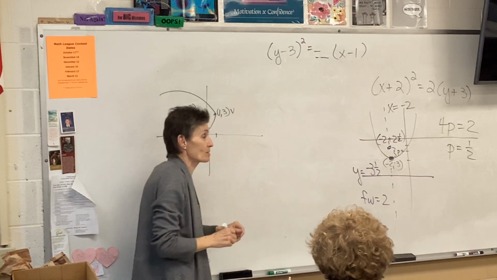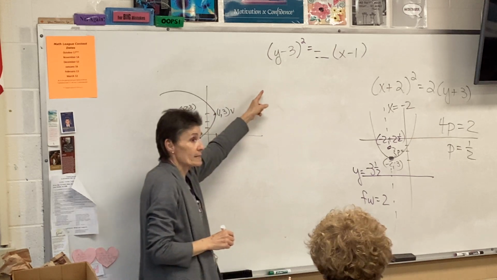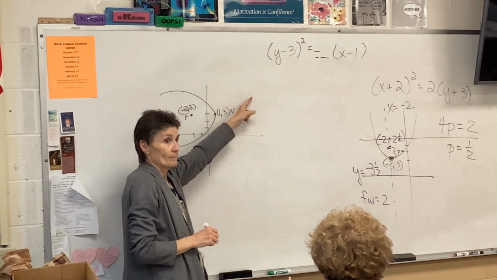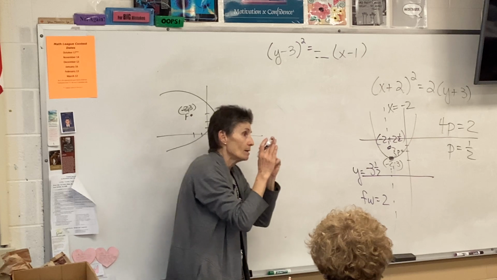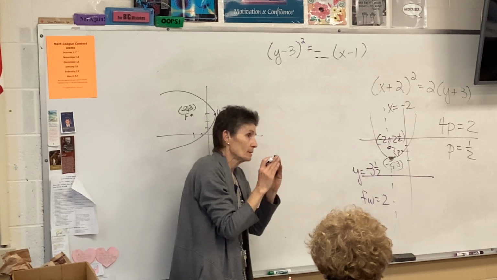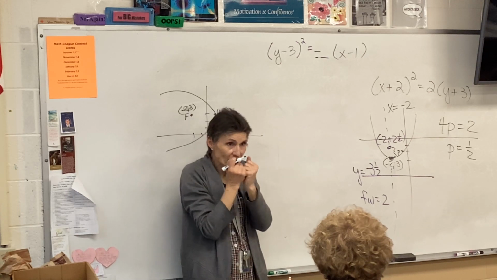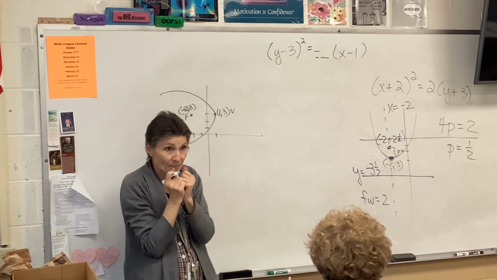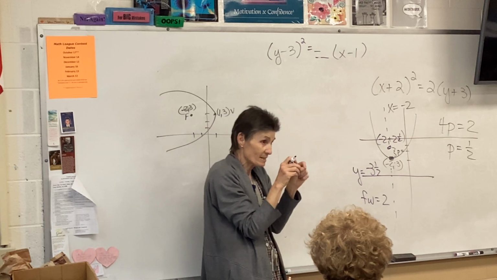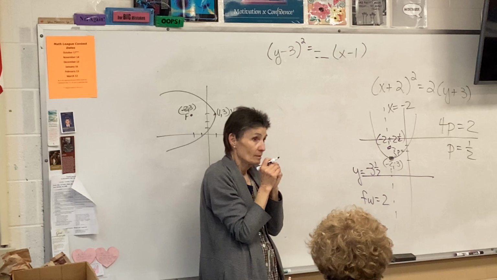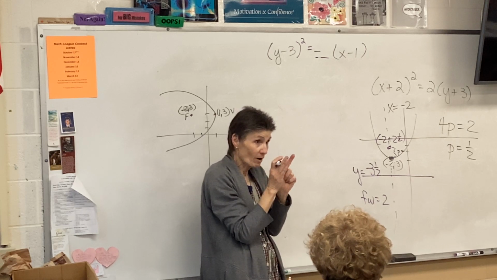That vertex would be at 1, 3. All throughout math, when you take numbers out of parentheses, they change sign. When you put them into parentheses, they change sign. Okay, everybody go with me so far?